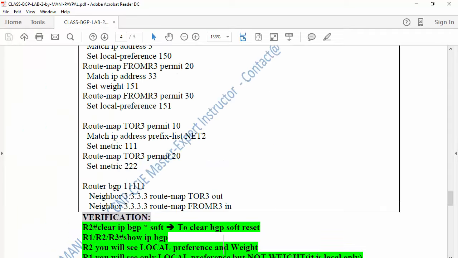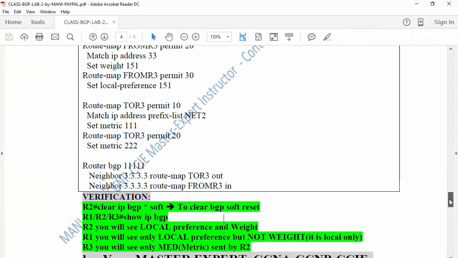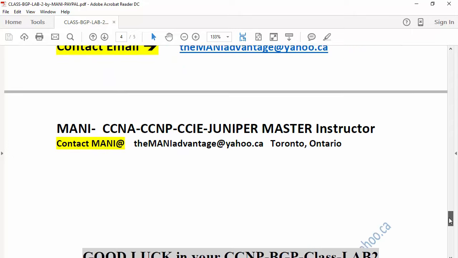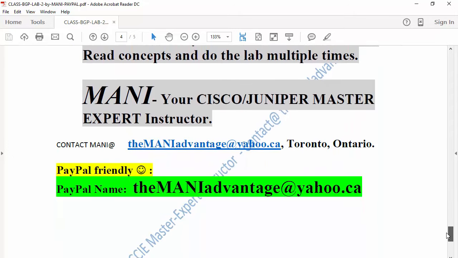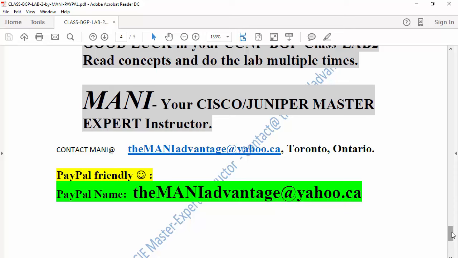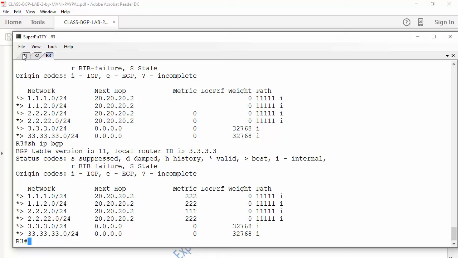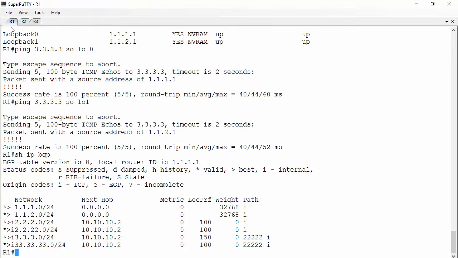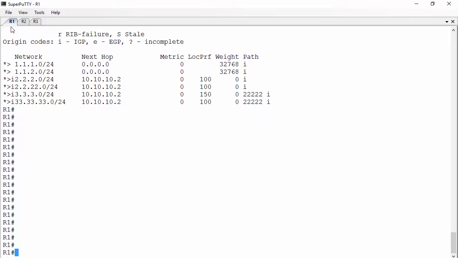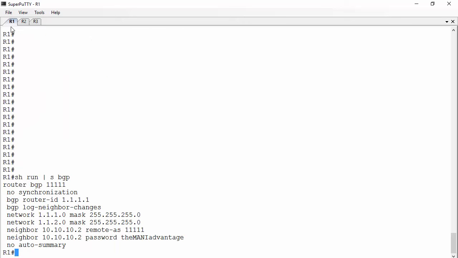So I think the lab is almost done. Let's go back and check the configuration, some commands, then we will wind up this lab, guys. So I'm going to go from the beginning, router 1, router 2, router 3. So router 1, show run section BGP. There is nothing much.